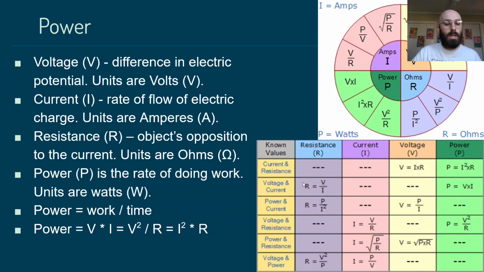But what's important here is that basically our power is going to be equal to voltage times current, or more commonly what we'll use is it's current squared times the resistance. So as we pour more current into some device, it's consuming more power, and as its resistance goes up, it's also going to consume more power.